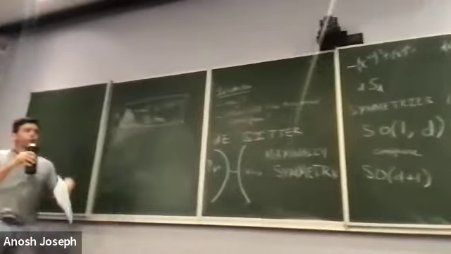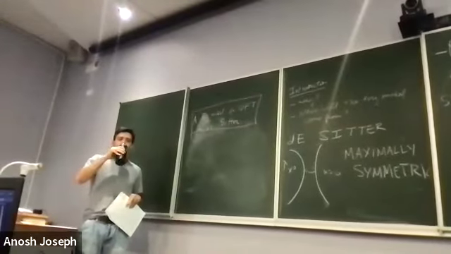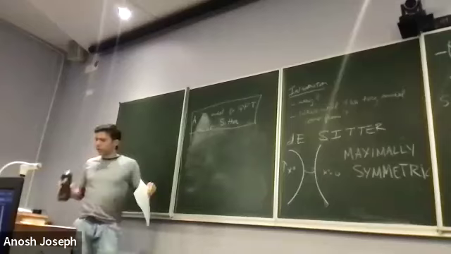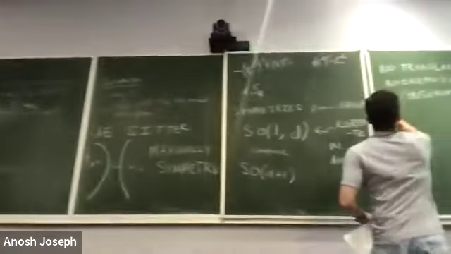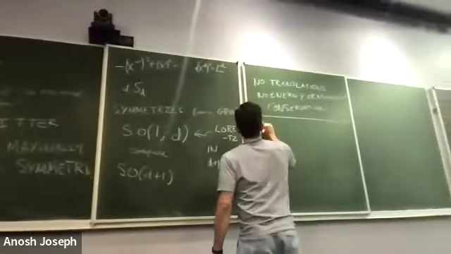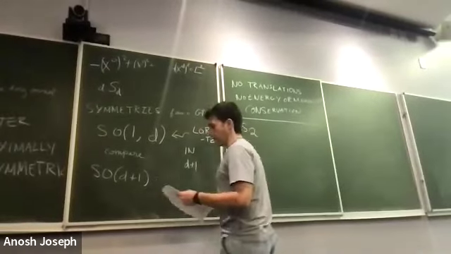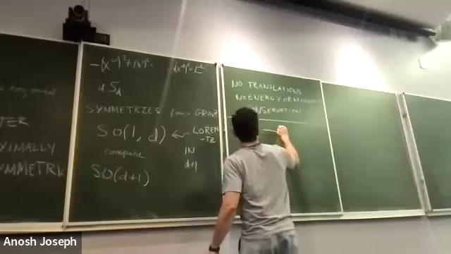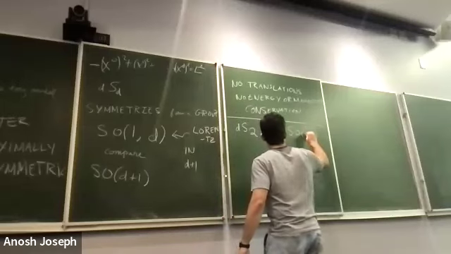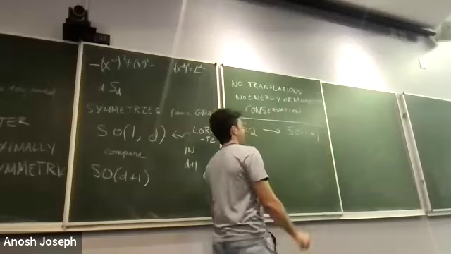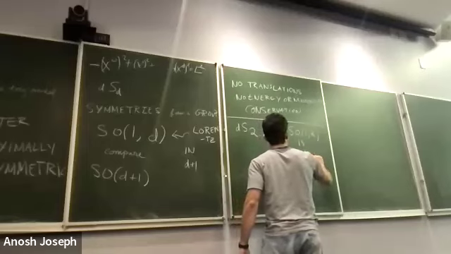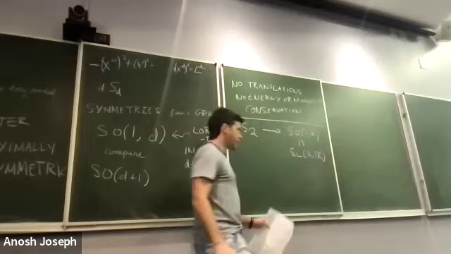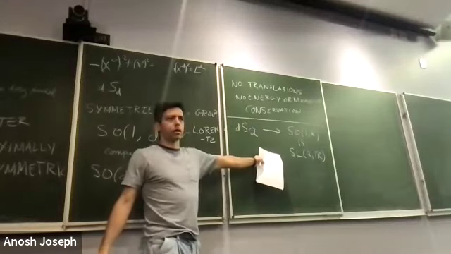Okay, so let's work in a very simple example. I'm going to move away from general D dimensions, and move to dS2. dS2 is particularly simple. The symmetry group is SO(1,2), and this is actually equivalent to the group SL(2,R), the special linear group in 2 dimensions.